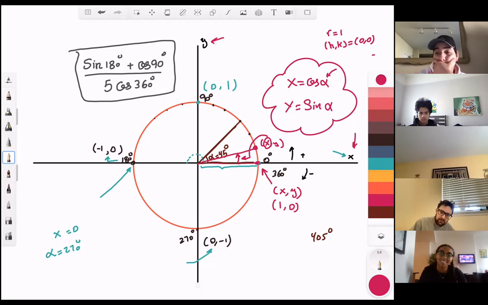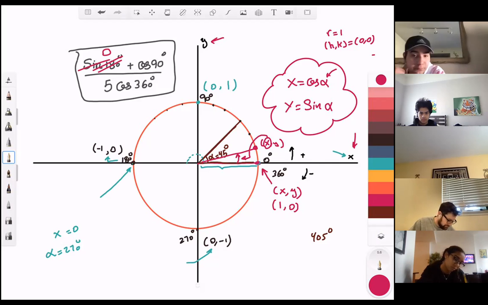So what is sine of 180? 0. Okay, this is gone, 0. What is cosine of 90? 0. Great, I just made the question. 0. What is 0 plus 0? 100. I'm joking, 0.